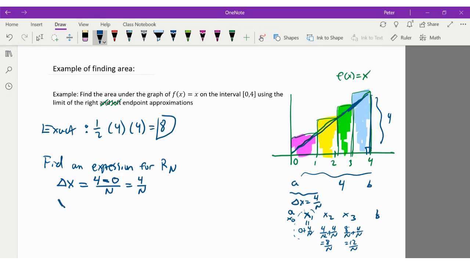So xk is just going to equal 4 over n times k.